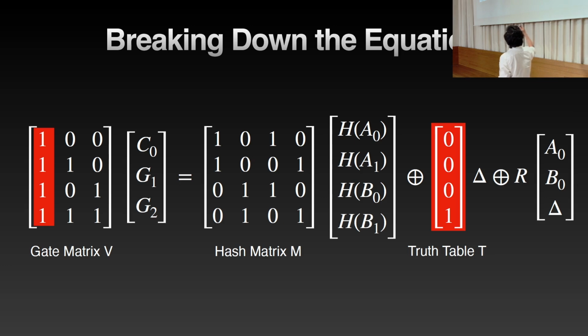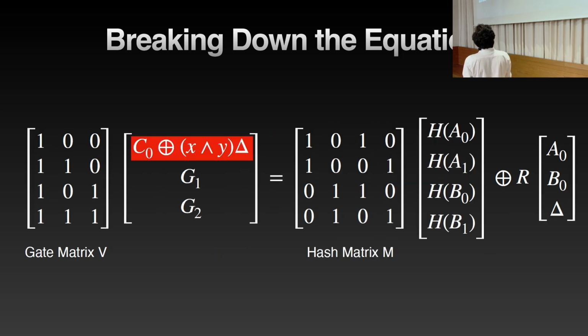If you see here, we are including this delta, and we are including C0 everywhere. This just means that I'm encrypting the label C0 when I had to give out C0, and I'm encrypting the label C1, which means that I include the delta additionally in this equation, so that you're actually encrypting C1 in that case. This can be rewritten to this equation inside the matrix, because then it denotes which label is being encrypted in each equation.